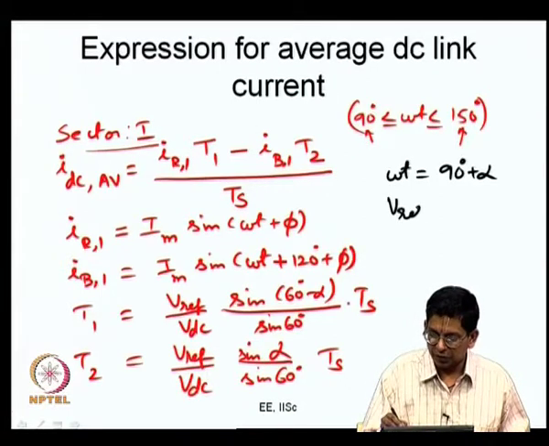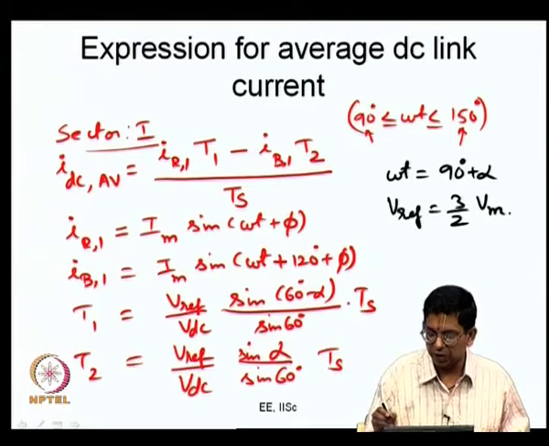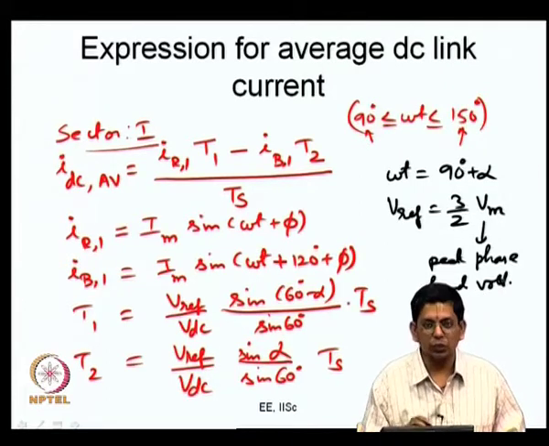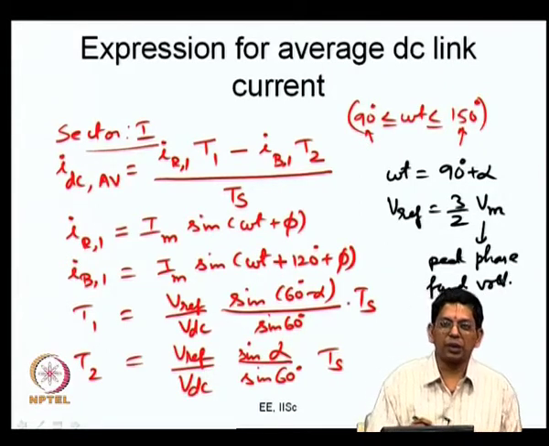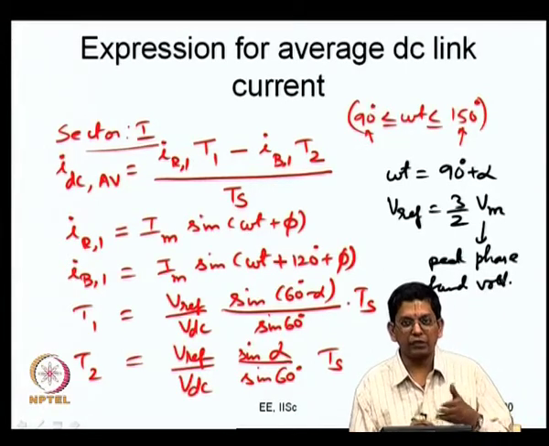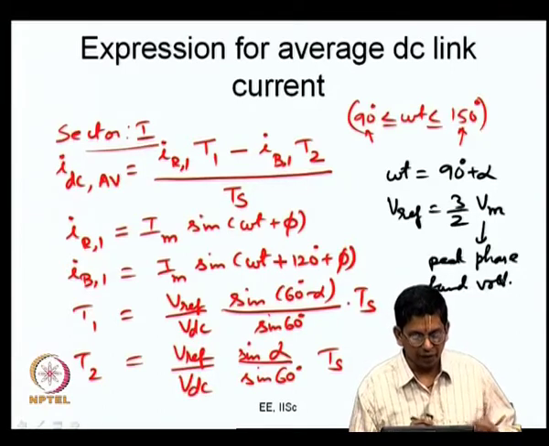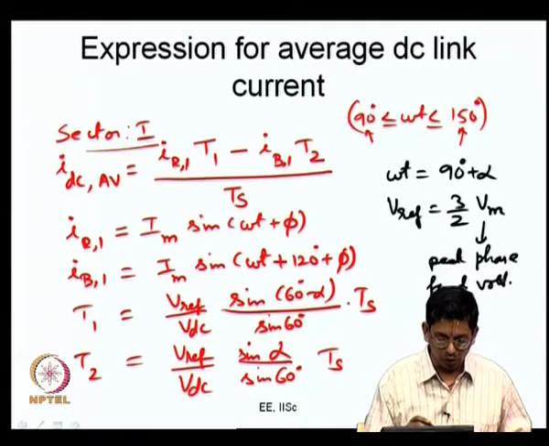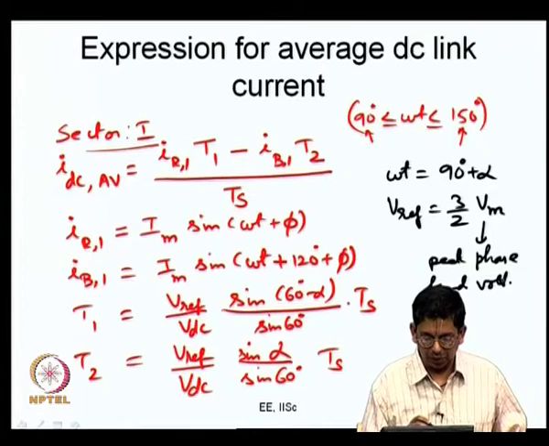Further, Vref is equal to 3 by 2 times Vm, where Vm is the peak phase fundamental voltage. When you substitute all these quantities, you can deduce an expression for the average current. Let us do this one more step in the following one. Let us say we want to do IR1 T1 minus IB1 T2.